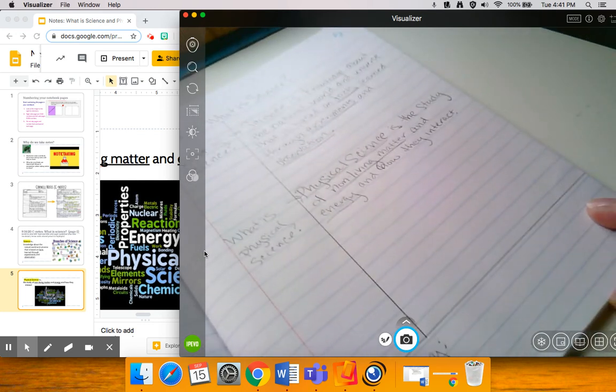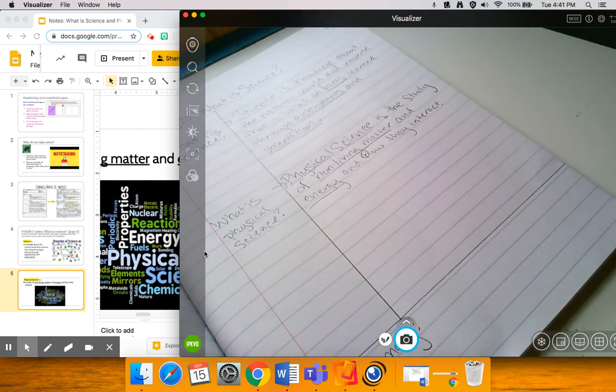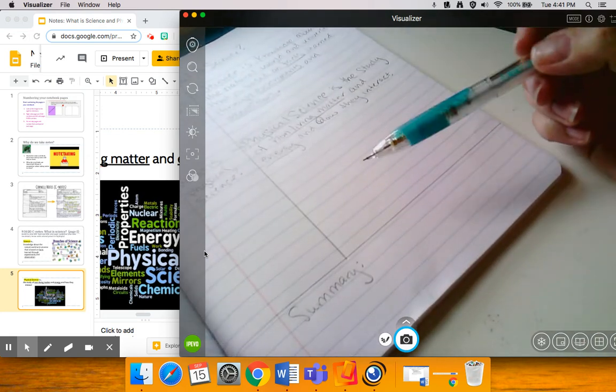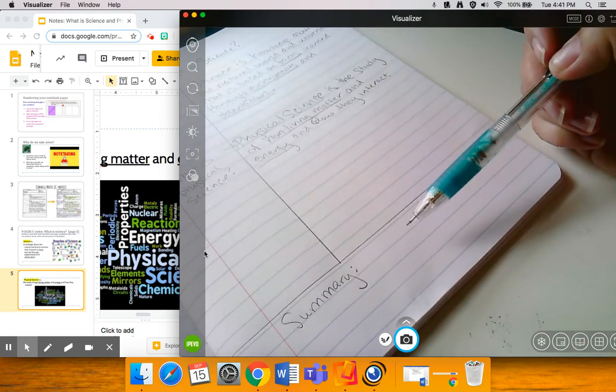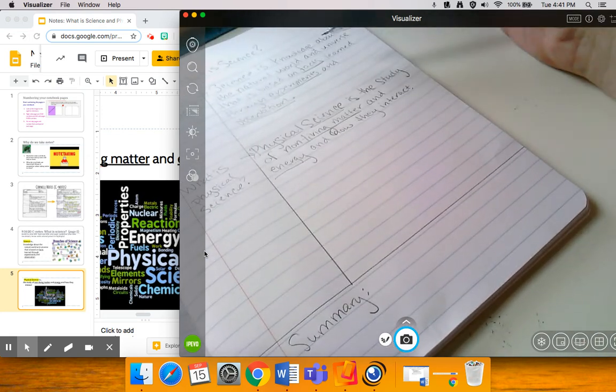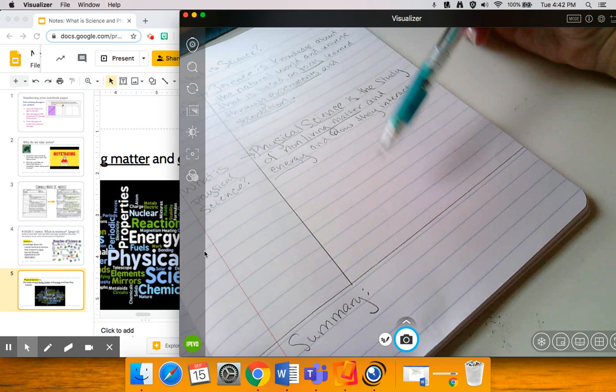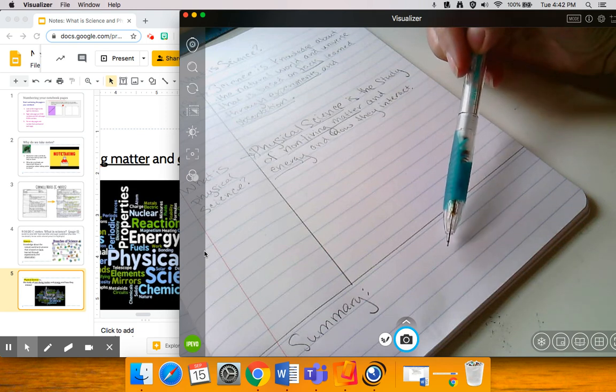And the last thing we have to do, and we're going to do this together today, is our summary down at the bottom. Sometimes it's difficult to come up with a summary. It's just 1 to 2 sentences that sums up the main points that we wrote about. You shouldn't copy the whole thing down. And this is a really important part of taking notes.